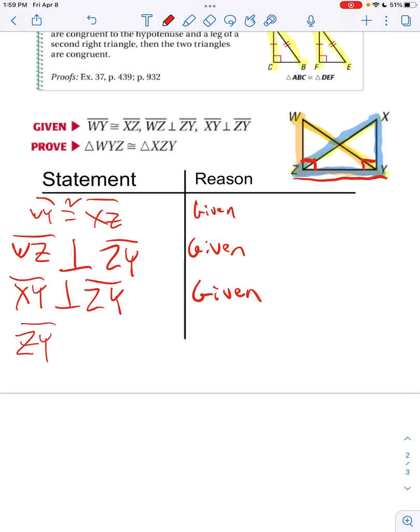So I'm going to say that ZY is congruent to ZY because of the reflexive property.